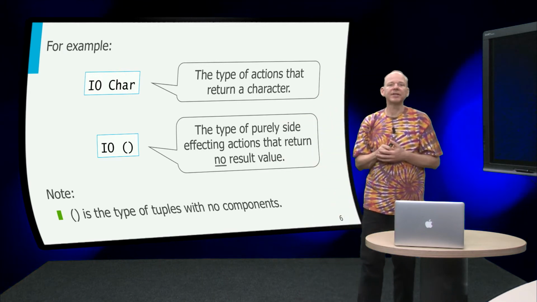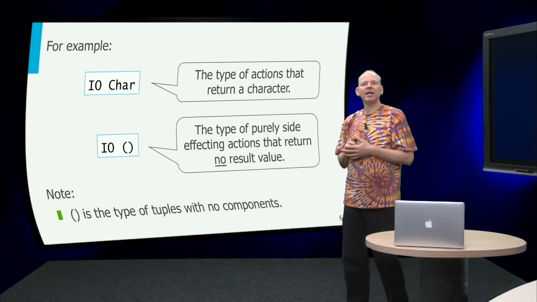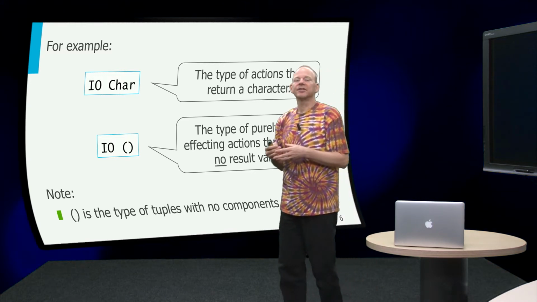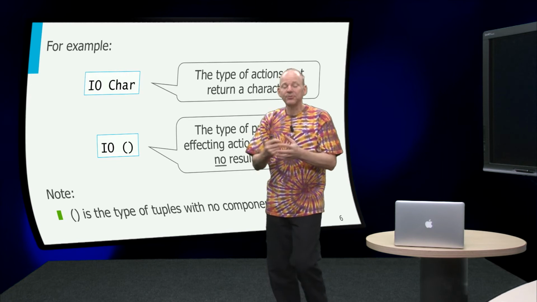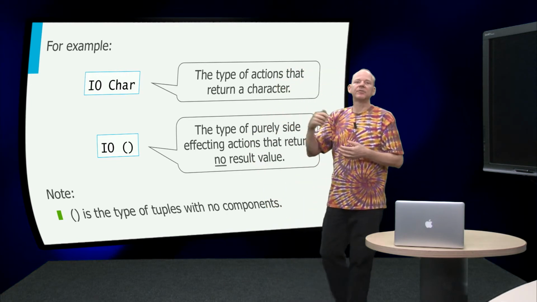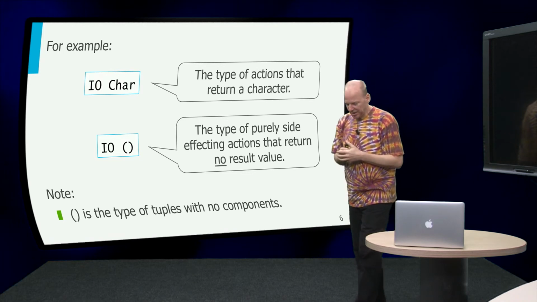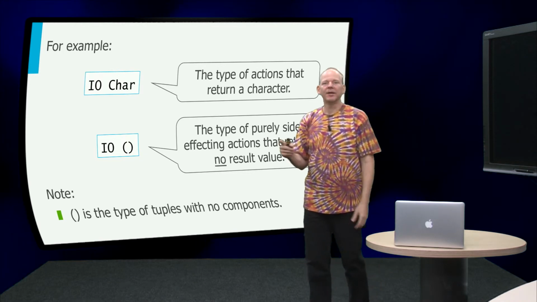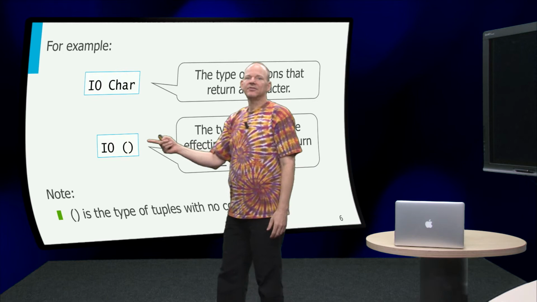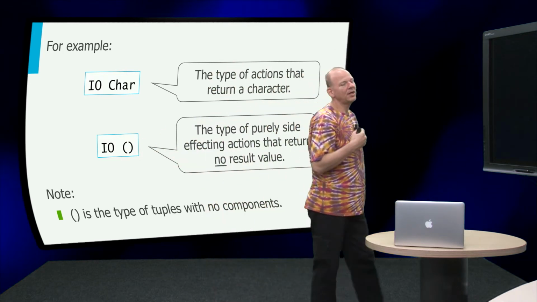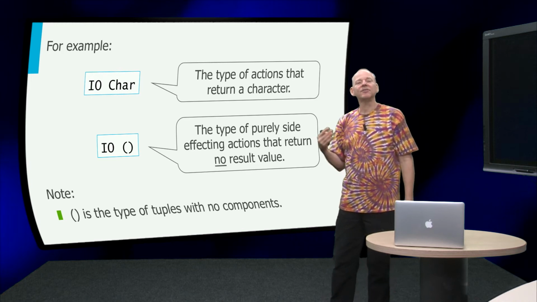Let's look at some concrete examples of the I/O monad. Here's I/O of char, which is the type of an action that will perform some side effects and then return a character. And then the most imperative of imperative types, that is I/O of unit. That is a function that only performs side effects; that's the only interesting thing it does.